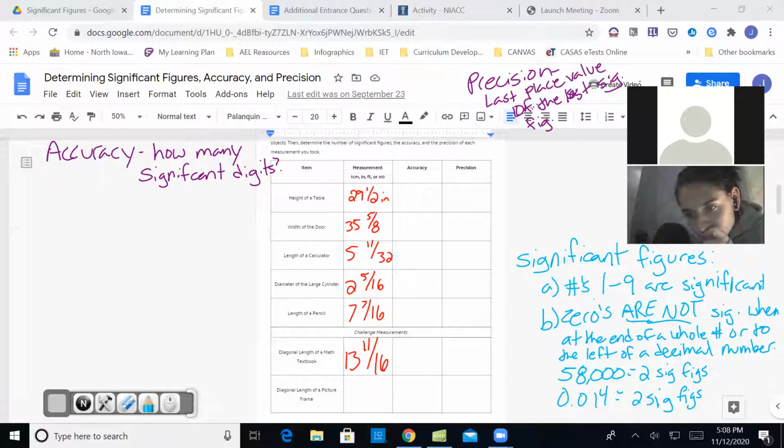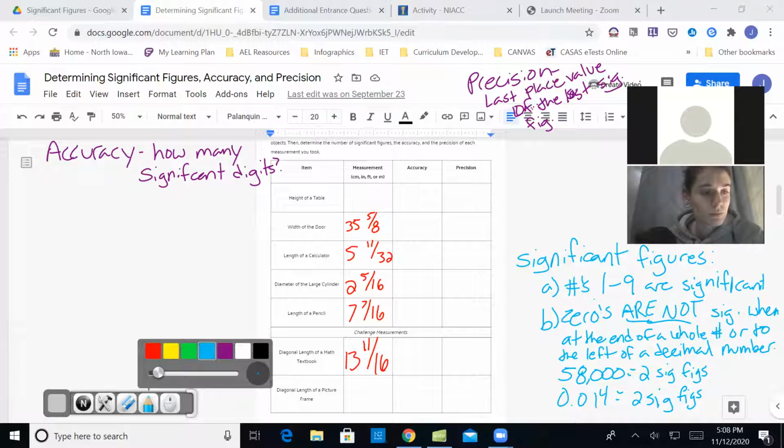So the best way to determine accuracy is to not use fractions, but instead to look at decimals. So we're going to put all of these measurements into decimals. This is 29.5.